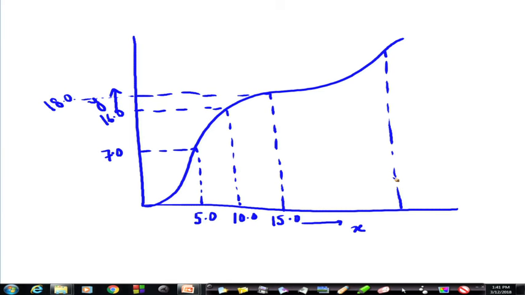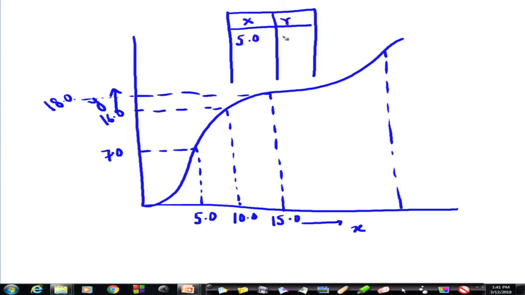So, this one also I can represent in the form of a table, like say I have a 2-dimensional table where I have 5, this is my x and this is my y. So, 5 corresponding to that 7, first row, that is the first point.